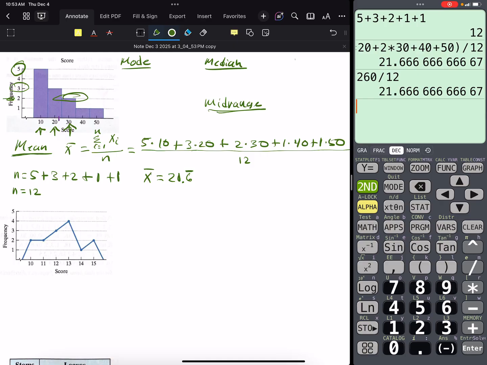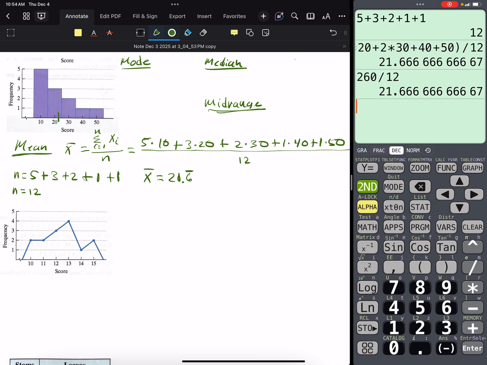Okay, now I never like to just turn my brain off and accept my answers that I generate blindly. I always like to think, okay, well, that 21.6, that's supposed to be a measure of centrality of this data set. It's supposed to be the average of my data set.